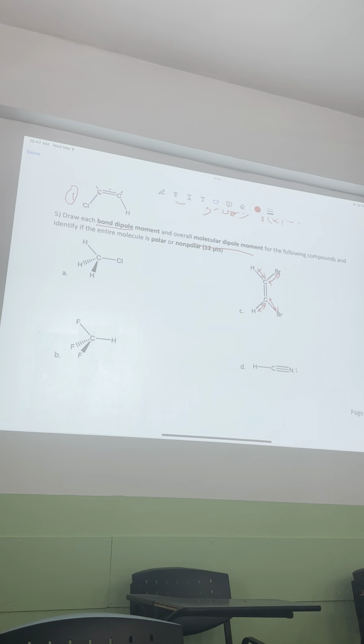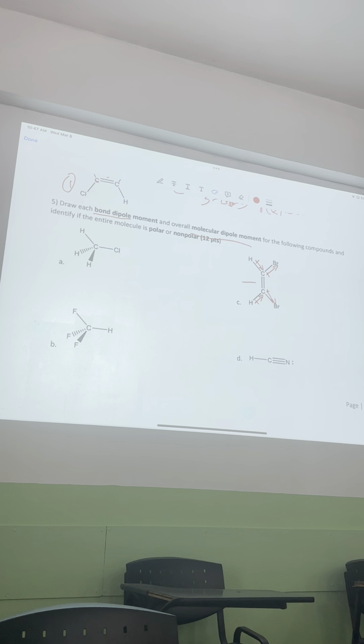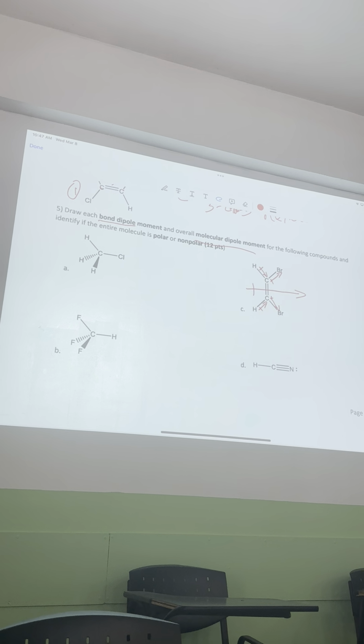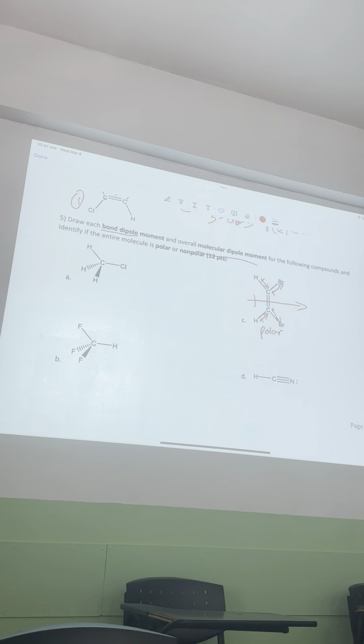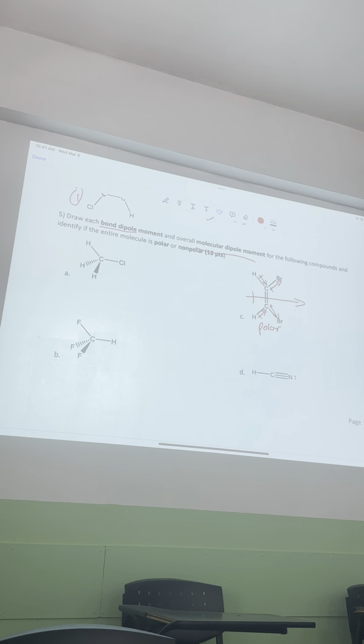And then the molecular had to do with all of it shifting in this direction. So that was what molecular meant. Because they're all shifting towards that side, this is polar. So that was what I was looking for, polarity in that sense.